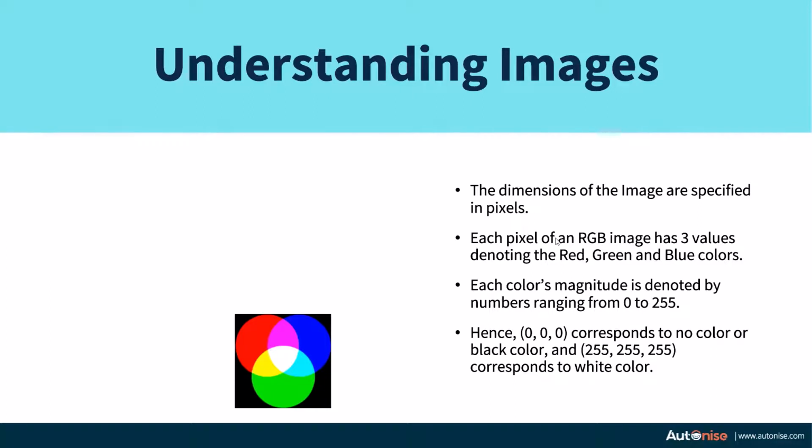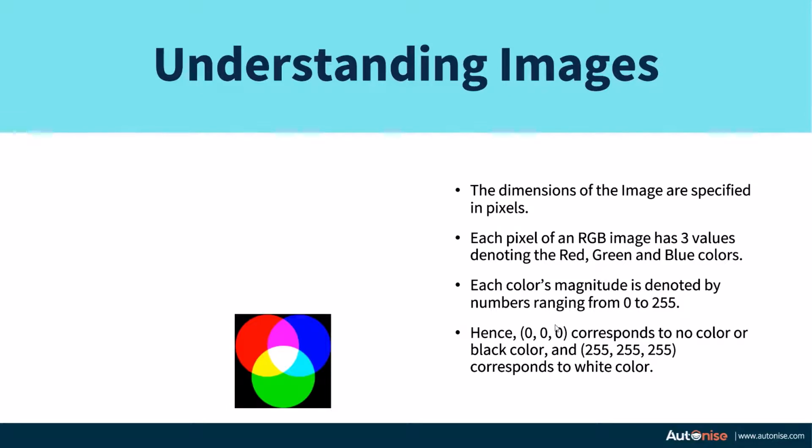In our computers, when we store an image, the R, G, and B values can take values going from 0 to 255. So there are a total of 256 shades of each color, and combining them, you can create a total of 256 times 256 times 256 colors, which is a huge value, and you can generate nearly all the colors which a human can perceive using these many values.